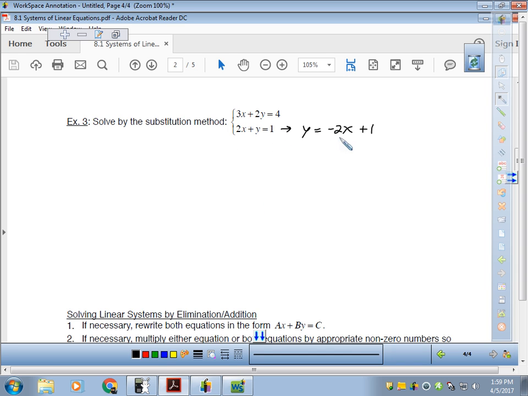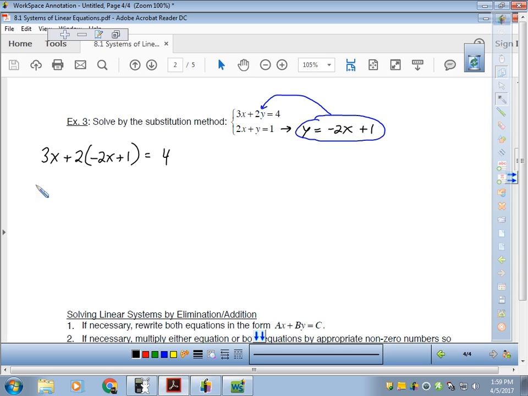Now that we have y equals something with x, our next step is to substitute it in. So I'm going to plug it in for the y here on this other equation. So I'll have 3x plus 2 times, instead of y, what y equals, negative 2x plus 1, and then that's equal to 4.